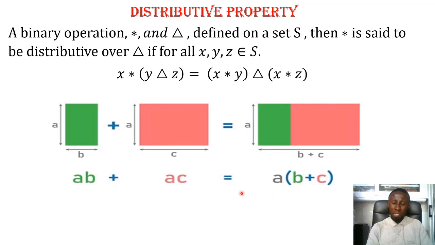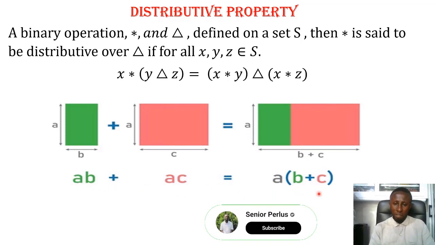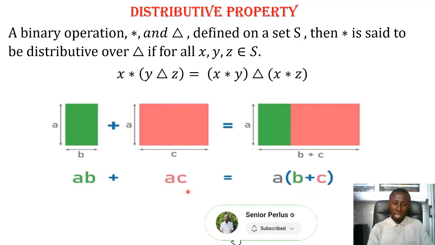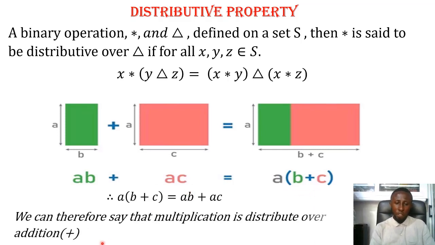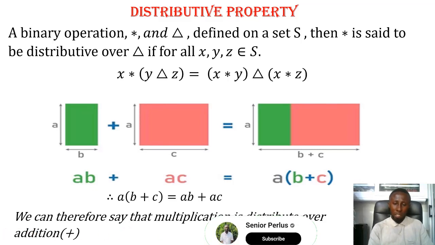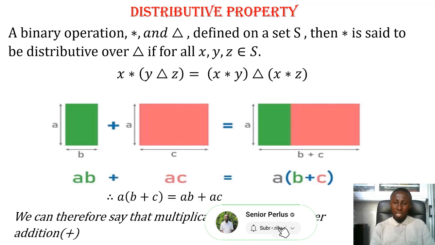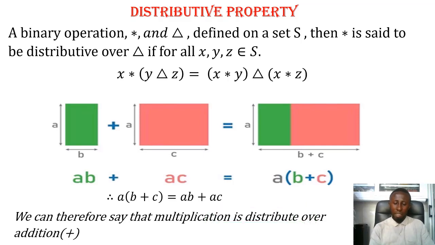So therefore, we will get the same answer. If we get the same answer, we are saying that this is distributive. Therefore, we can say that multiplication is distributive over addition, as easy as that.